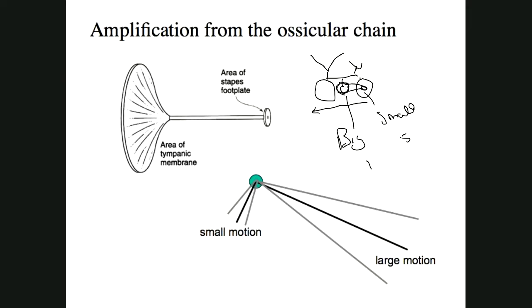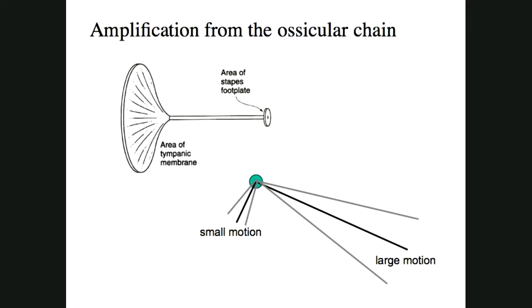Well, look, this is the same way. It has a big gear, if you will. That's the tympanic membrane. And it has a small gear back here, if you will. That's the stapes. And so the sound is going to be amplified. A little bit of movement here is going to create a lot of movement here. A small motion here is going to create a lot of motion here.